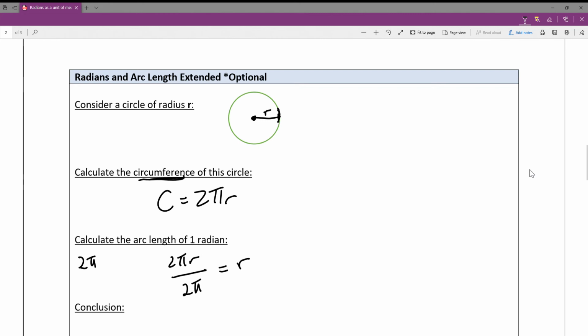So what this means is that if you take a 1 radian measure and you find the arc length of that radian measure, this arc length is equal to exactly the radius of that circle.